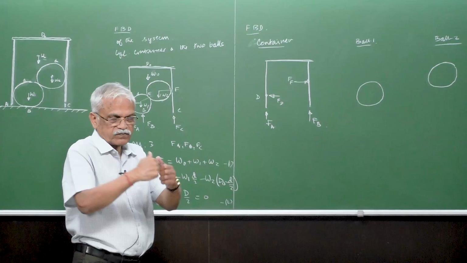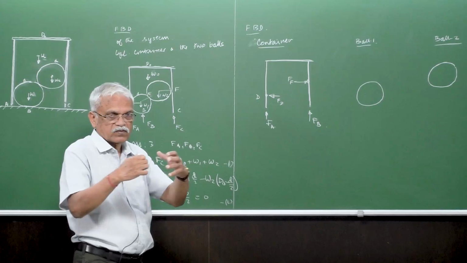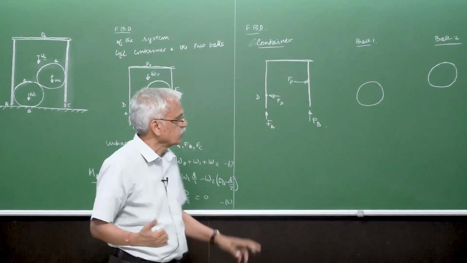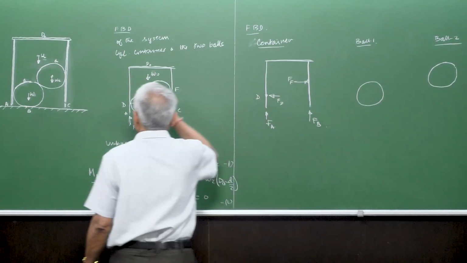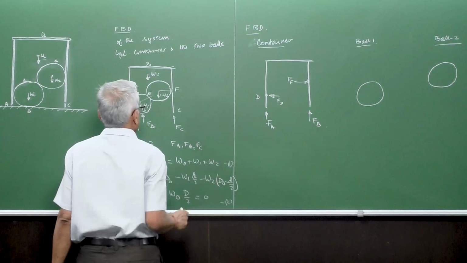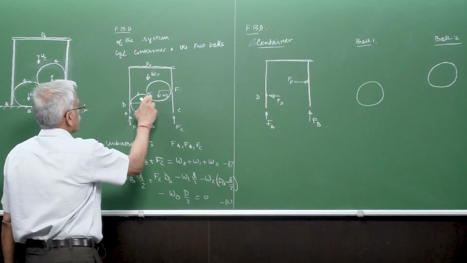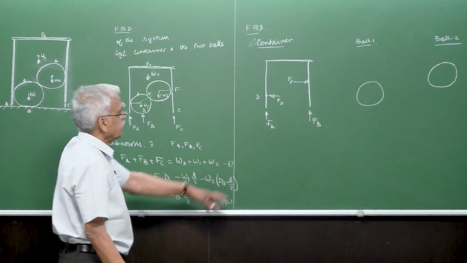We need not put it in the opposite direction, because if they were trying to separate there would not be any force. Since they are touching and pressing, the force has been given as FD here. The force between ball 1 and ball 2 at point E will not be shown here.